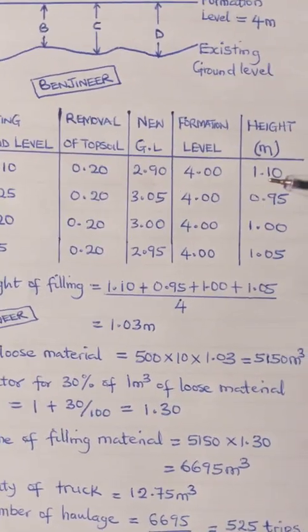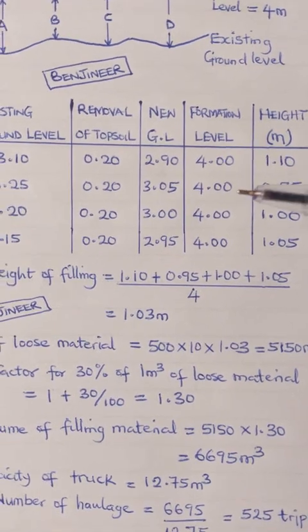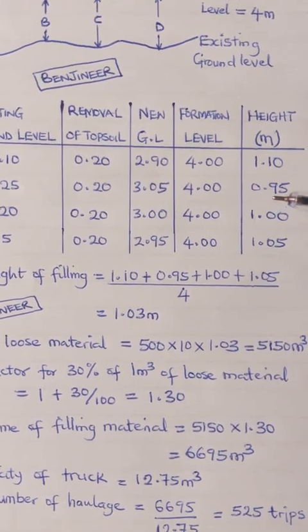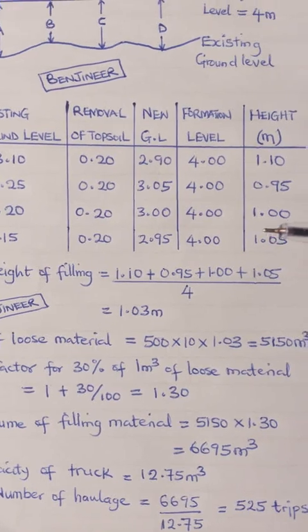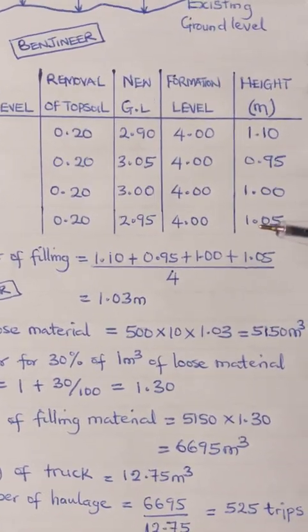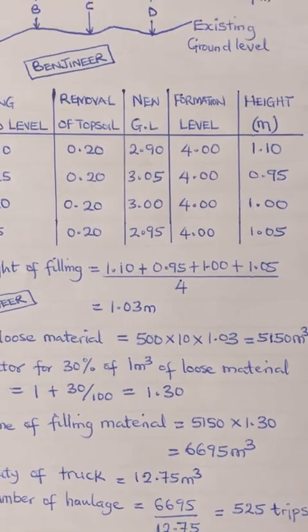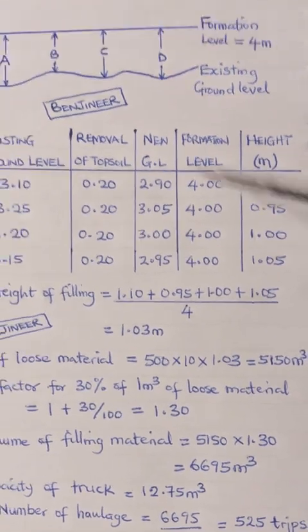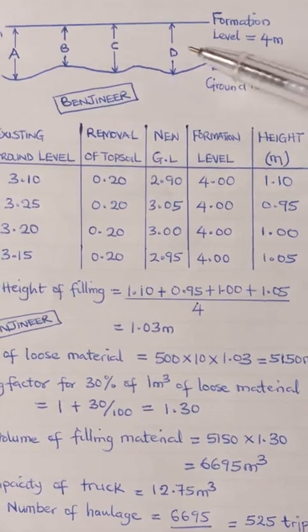That will give us 1.10 for point A. For point B, we have 0.95. For point C, we have 1.00 meters. For point D, we have 1.05 meters. So these are the heights for A, B, C, D.